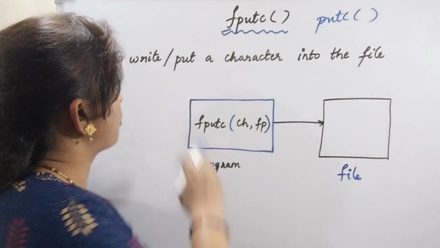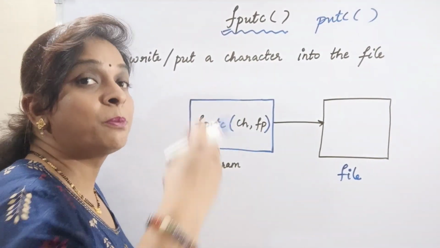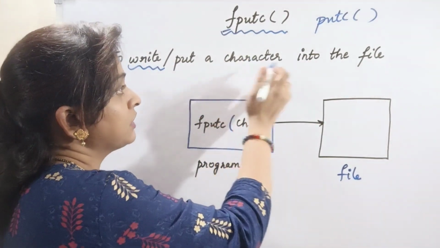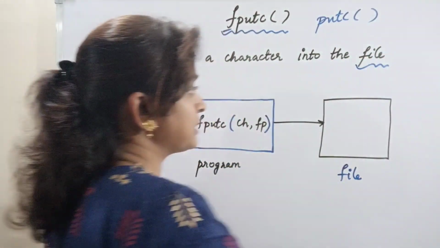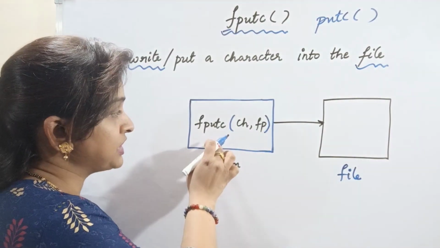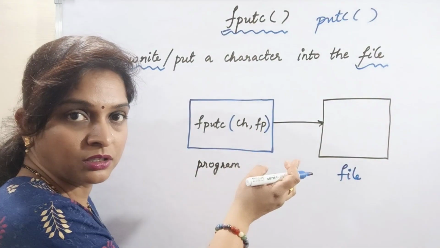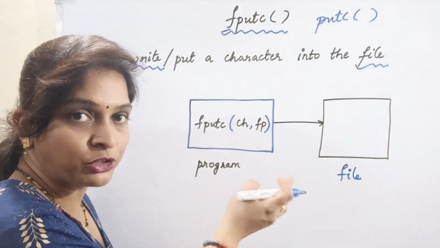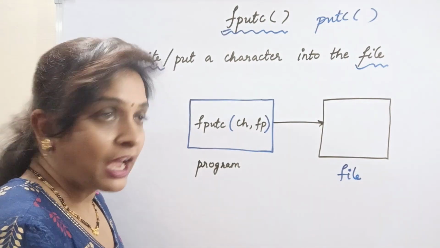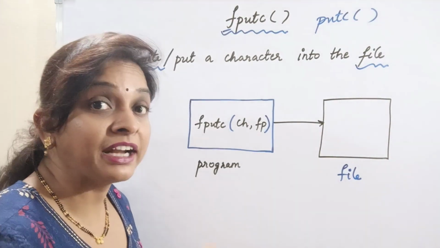So let us talk about this fputc. What will this fputc do? It is going to put a character, which means it is going to write a character into the file. So just imagine you have the program and you have used this fputc to put a character to the file pointer. The file pointer is the one which points to the file. So using the file pointer, we open the file and we have to mention the mode, that we are writing the data.